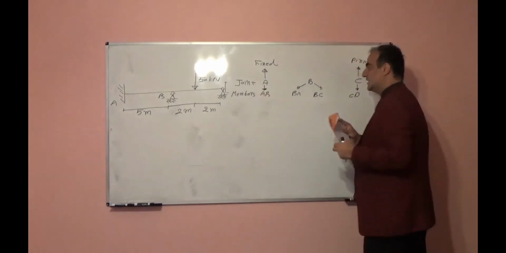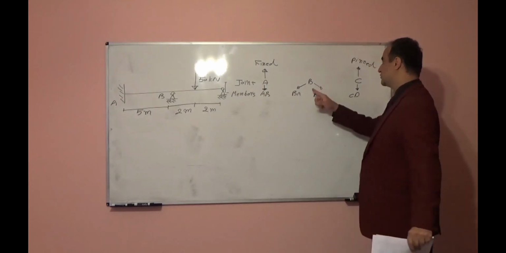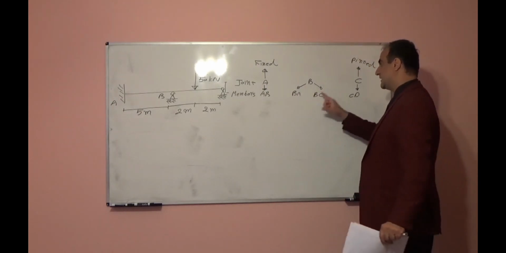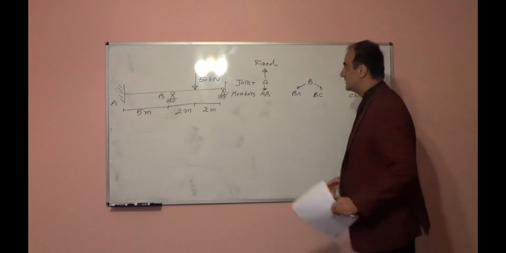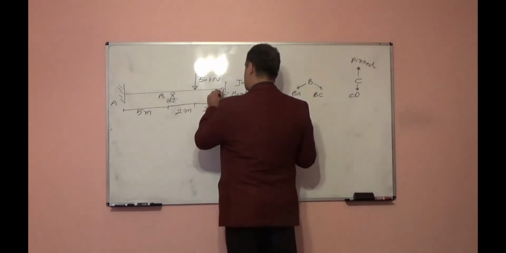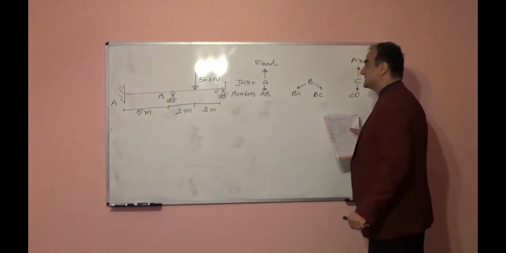So from joint A we have member AB, from joint B we have two members BA and BC, and from joint C we have only member CD.